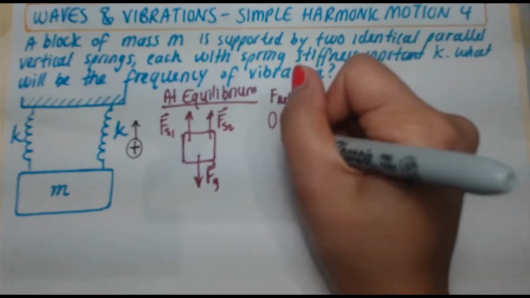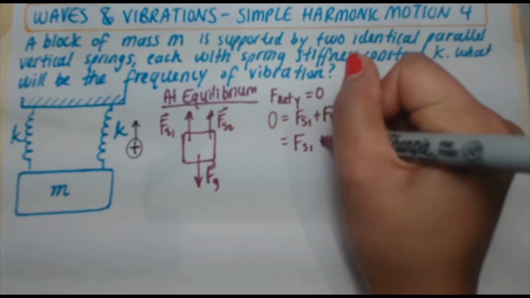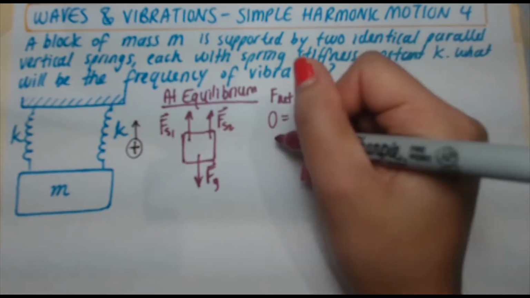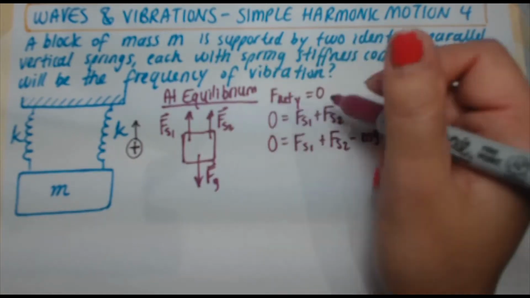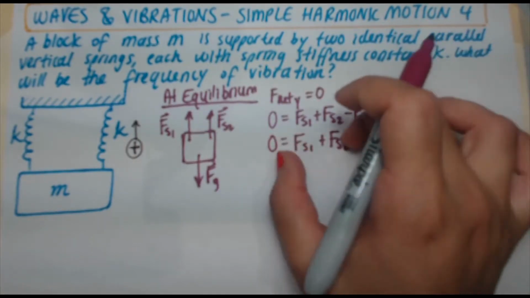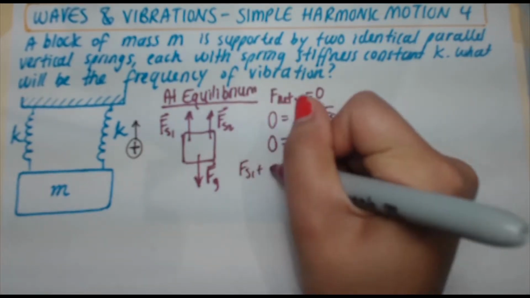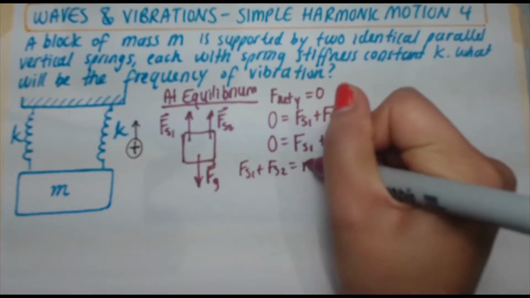Okay, so let's replace Fg with mg. Fs1 plus Fs2 minus mg. So now let's make another expression. Let's have mg on one side, Fs1 plus Fs2 on the other. Okay, so Fs1 plus Fs2 therefore is equal to mg.